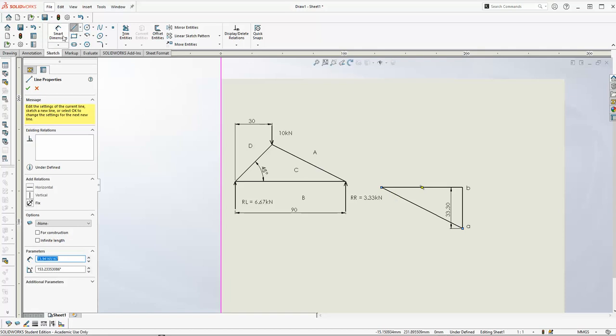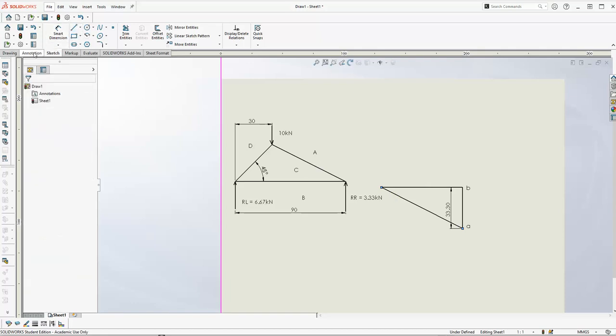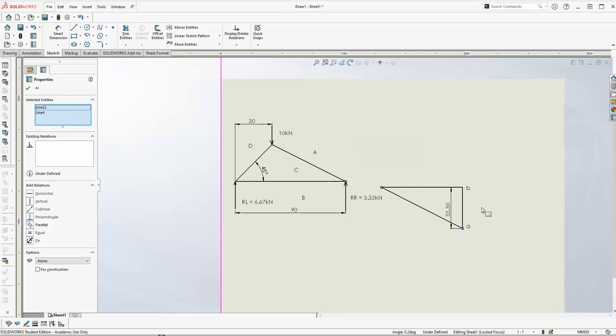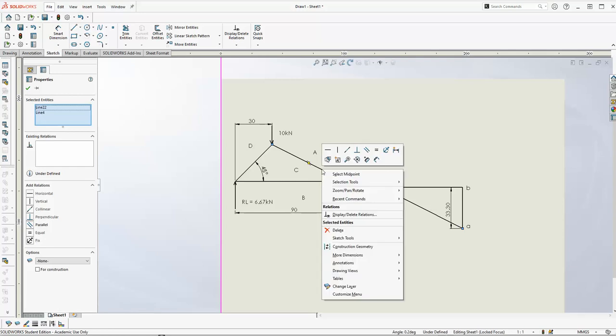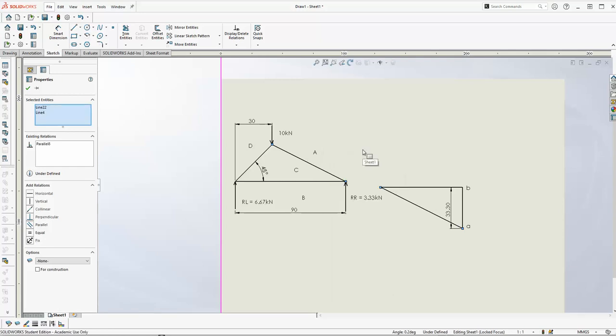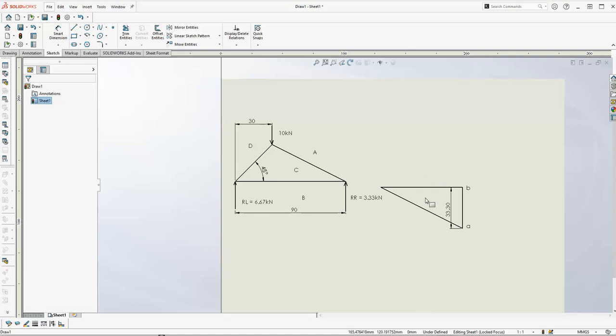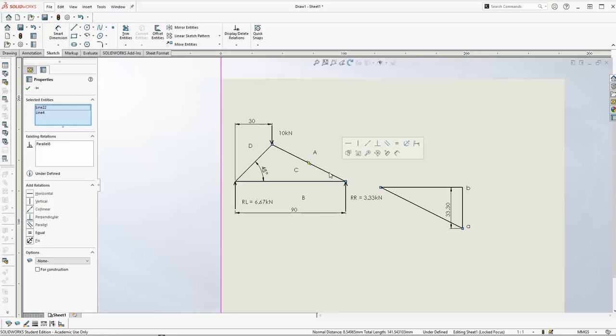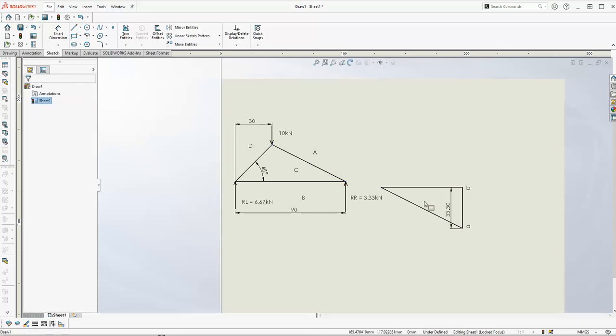So I'll just get our sketch, and I'll make that line there parallel with that one. I could do it another way, but the easiest way is just to make it parallel. Let's just see. No, it's not showing, so just hold the Control key down. Parallel. Okay, it is parallel.